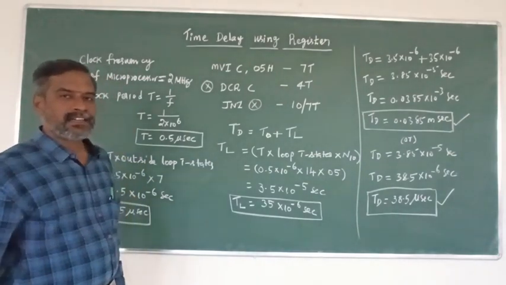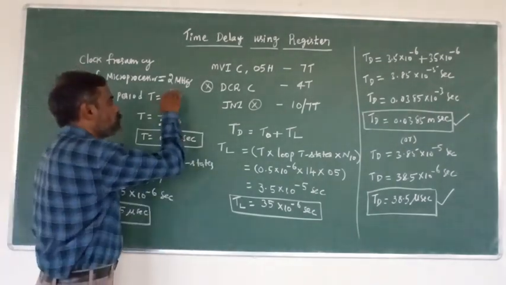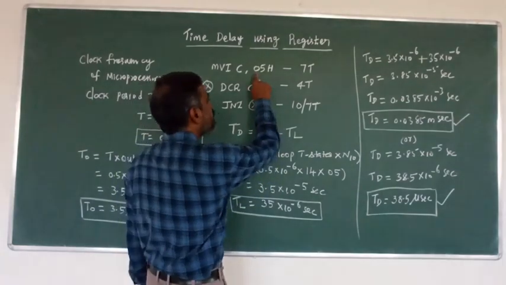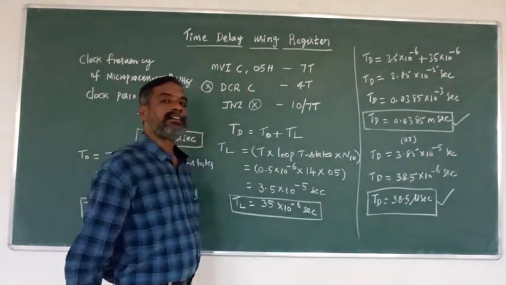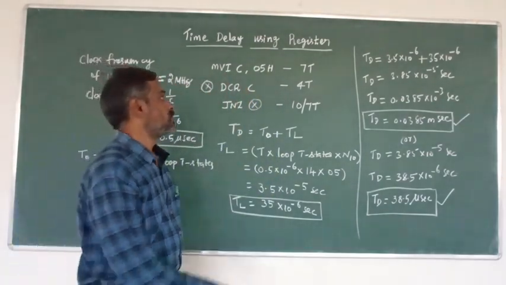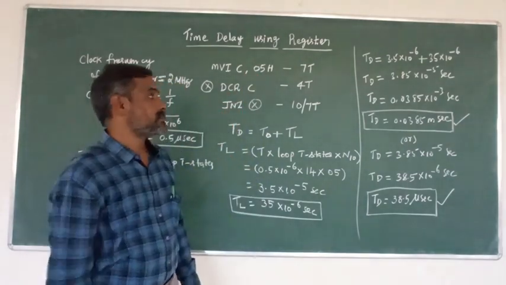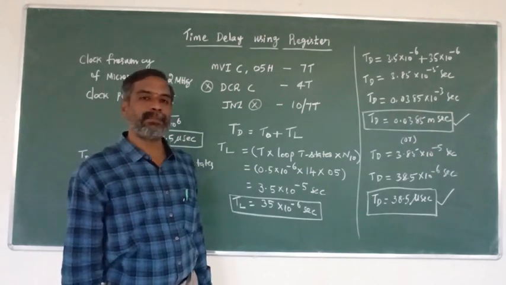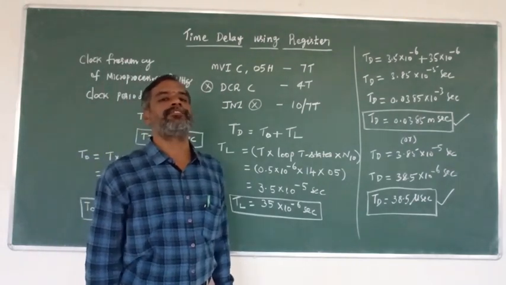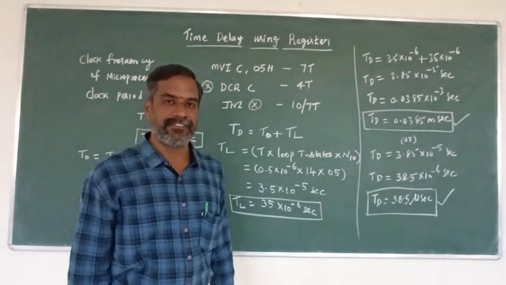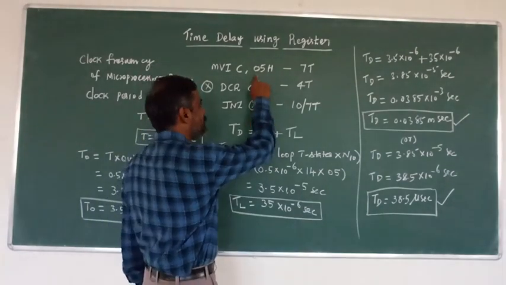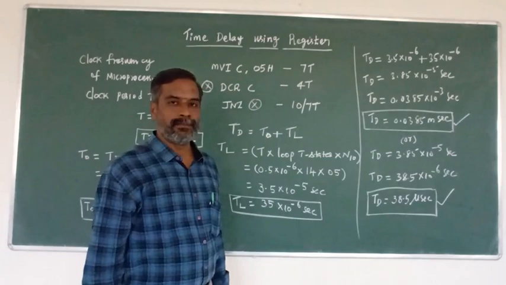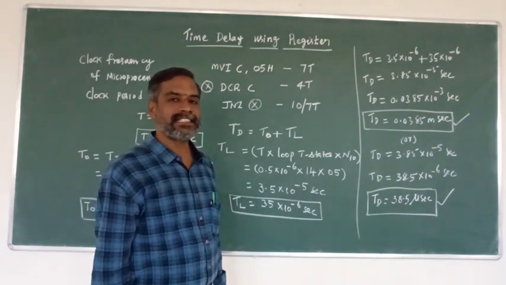This is one way we can increase the time delay, or we can increase the data. Here the 05 data is for an 8-bit register. We can give the maximum data, 00 to FF. Now FF will increase the time delay.